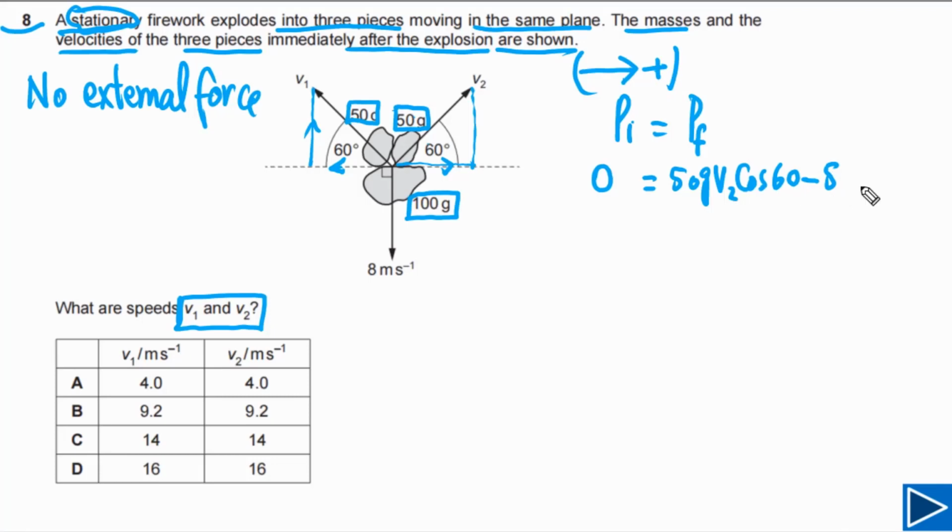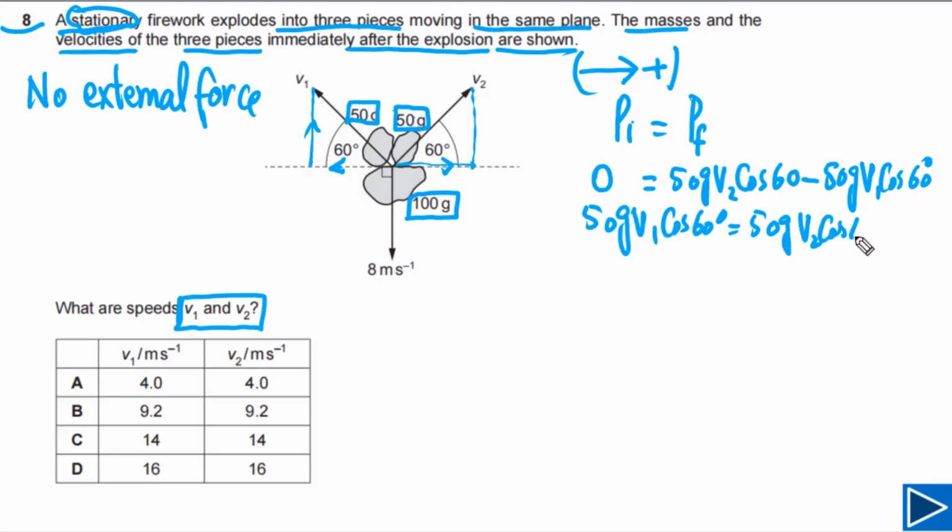So the momentum of piece 1 is 50 gram V1 cosine of 60 degrees. From here simply we can say that 50 gram V1 cosine of 60 degrees is equal to 50 gram V2 cosine of 60 degrees.